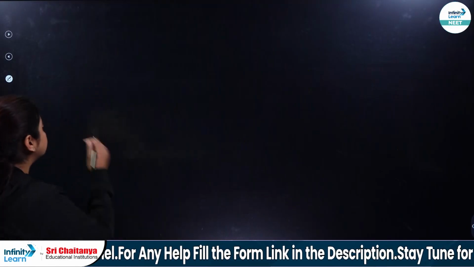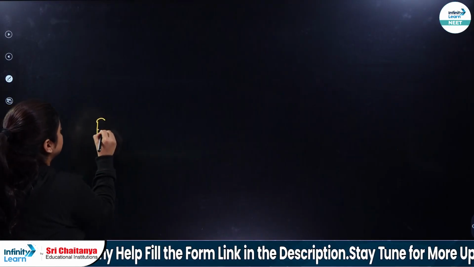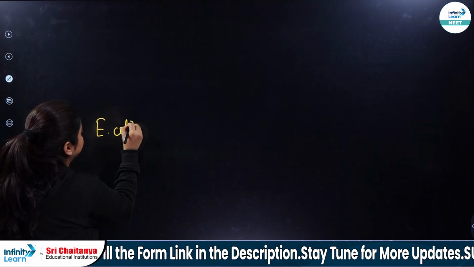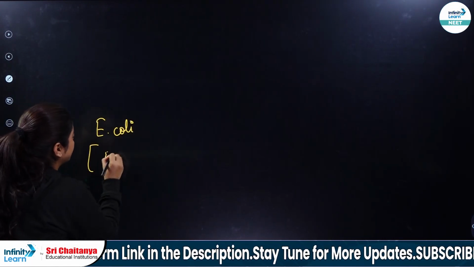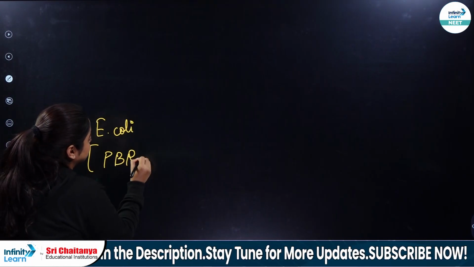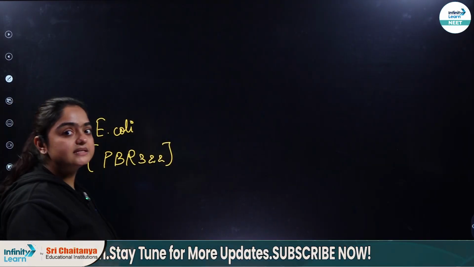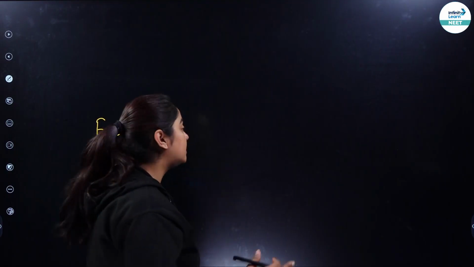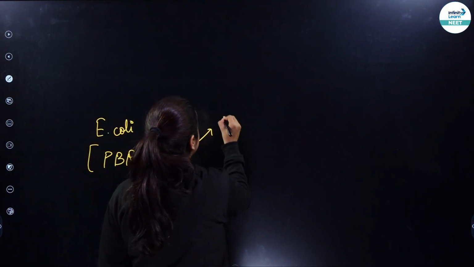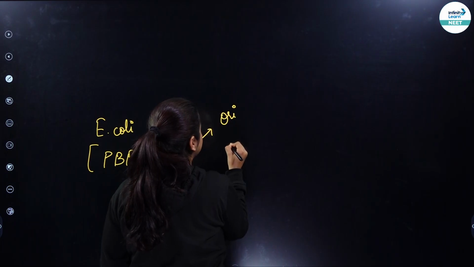Apart from that, one plasmid or vector which is very important is pBR322. Okay, the diagram is given in the NCERT, extremely important, right? If I talk about the characteristic features, of course, it has the ORI site.